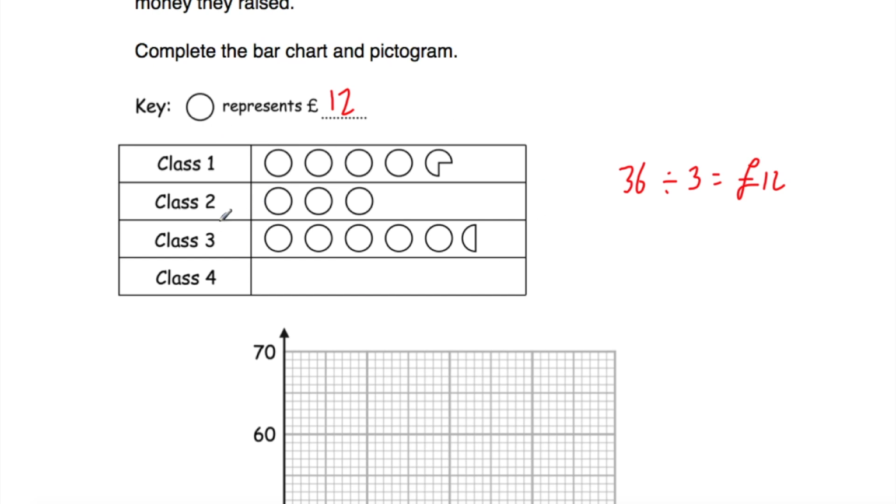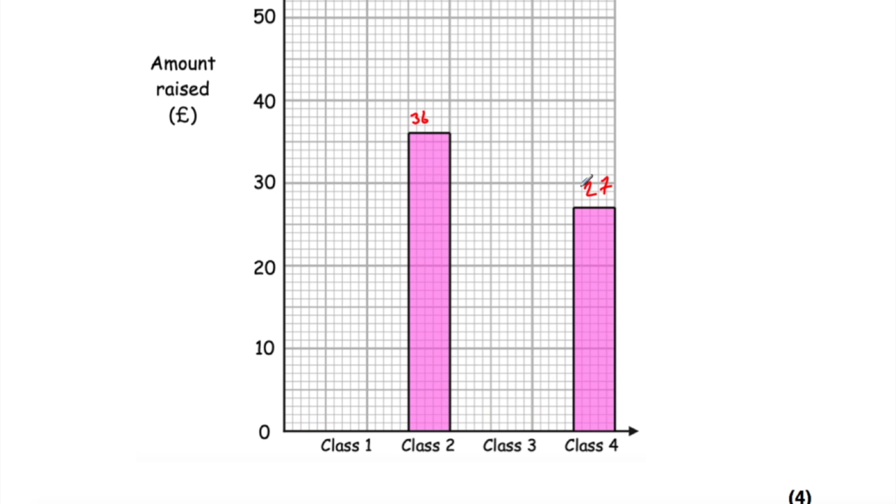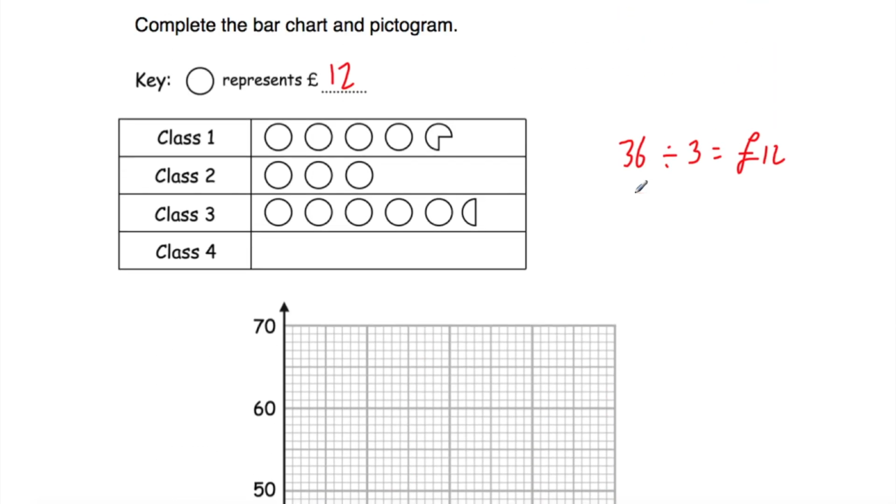Okay, and that's fantastic. Now let's complete our pictogram, because we need to know how many circles we need to draw for class 4. So each circle represents £12. And if we have a look at class 4, they raised £27 in total. So if we take the £27 and we divide that by 12, that's how many circles we need. 27 divided by 12 is equal to 2.25 or 2 1/4.